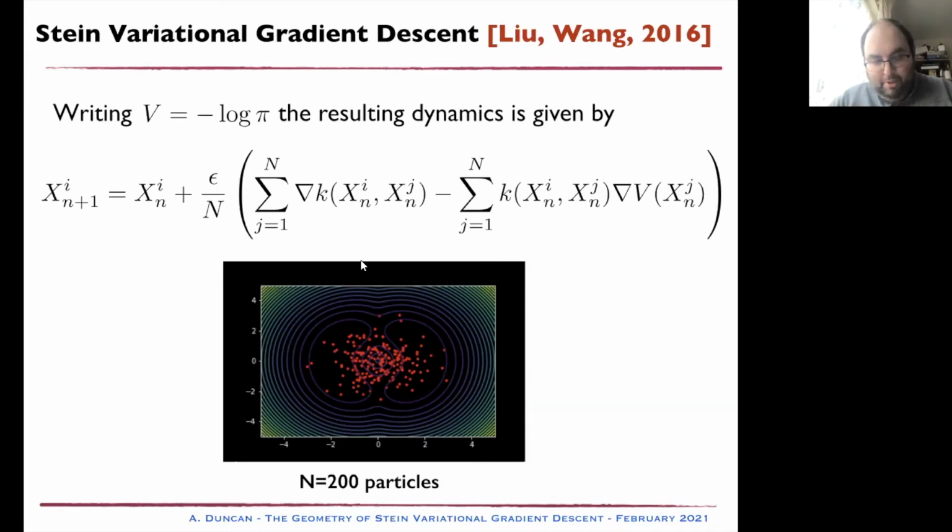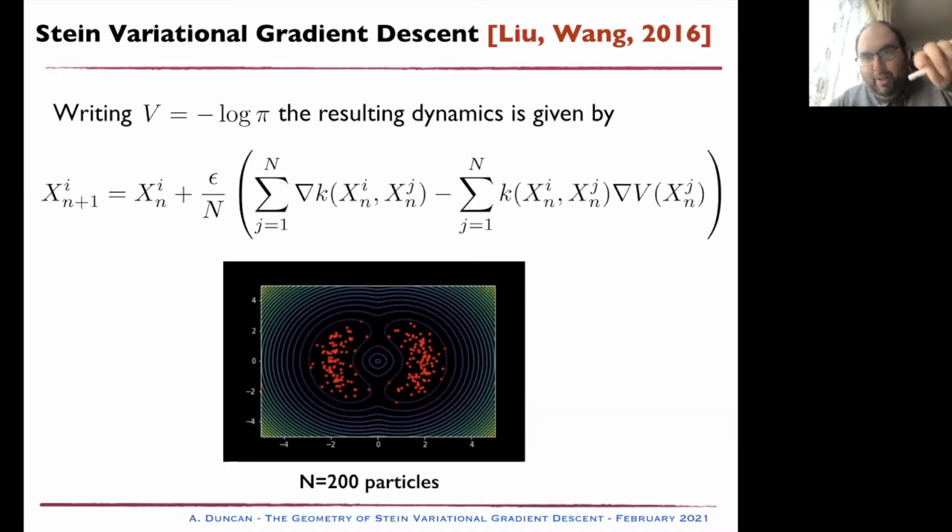As an example, if my target distribution is this contour plot, which is this double kidney type thing, and I start from an initial distribution which is a Gaussian in the middle, then if I simulate with this dynamics, that's what I see. There's maybe a tiny bit of a spoiler: while the bulk of the particles go very quickly to the two modes of the distribution, there's a lot of slow motion at the tails of the distribution.